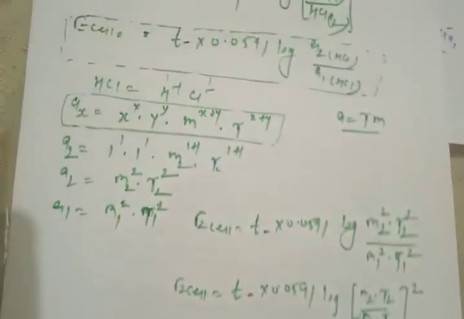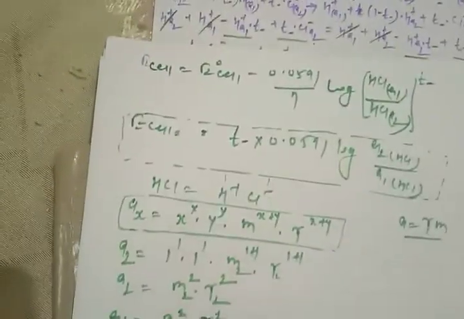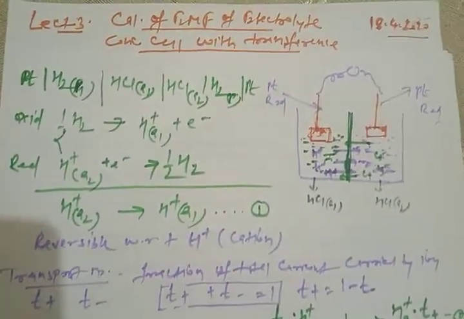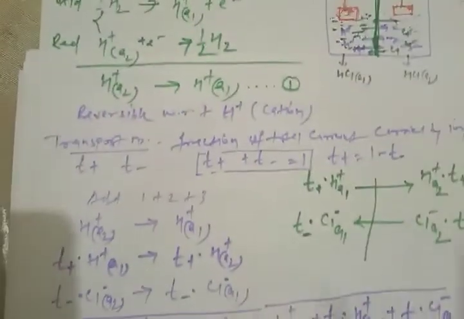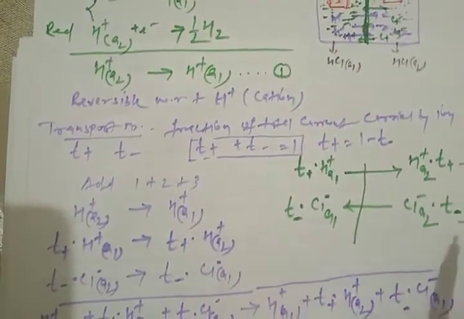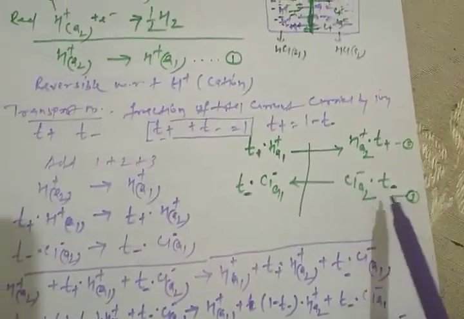So we have completed the EMF calculation. Point to remember, the addition of 1, 2 and 3. You need to remember that in the third equation the reaction is from A2 to A1.